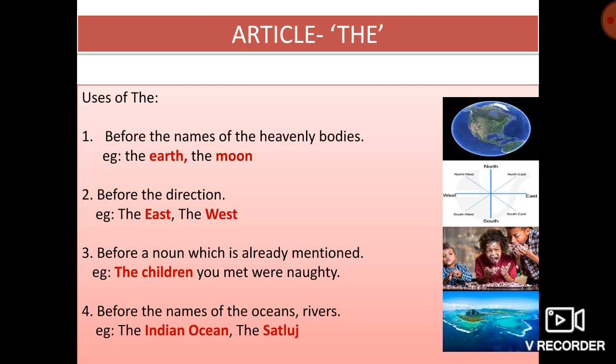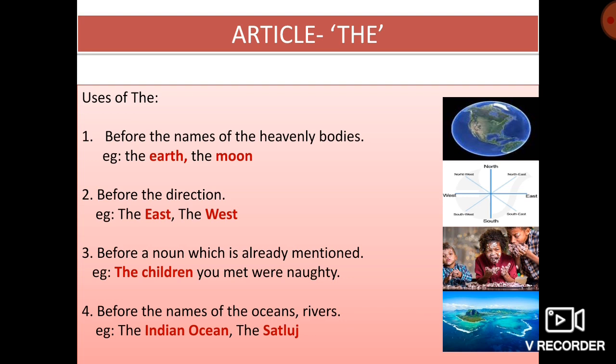First, it is used before the names of the heavenly bodies like the earth, the moon. Second, before the direction like the east, the west, the north. Third, before a noun which is already mentioned.